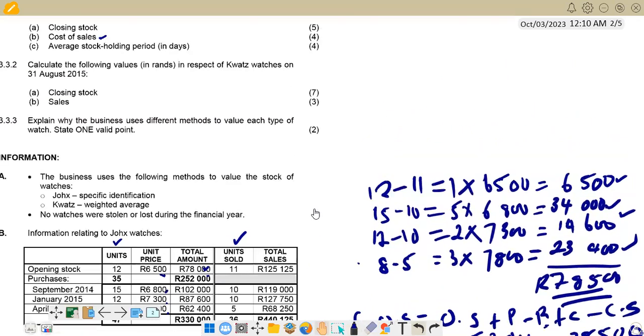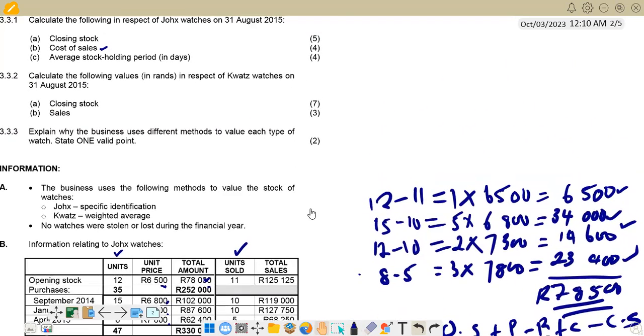So if you go there, after cost of sales, we've got average stock holding period. On average stock holding period, we are going to say the formula for that one. We are going to say average stock as a numerator, over cost of sales.